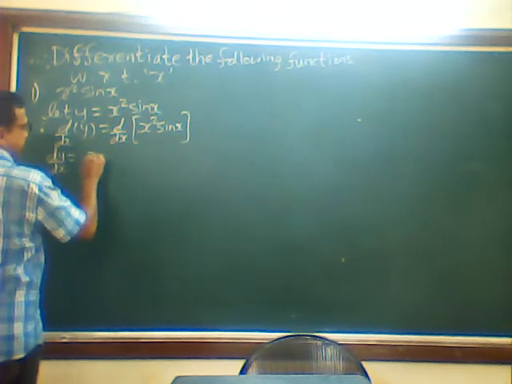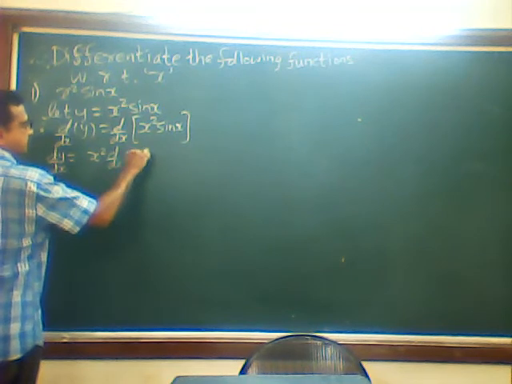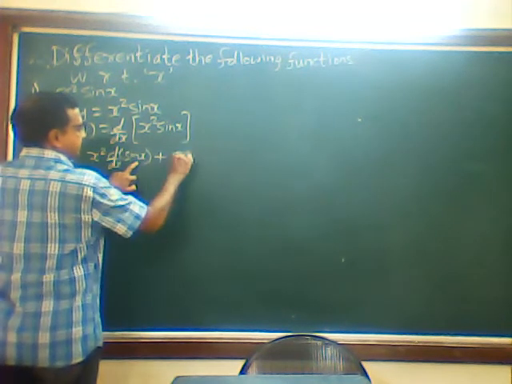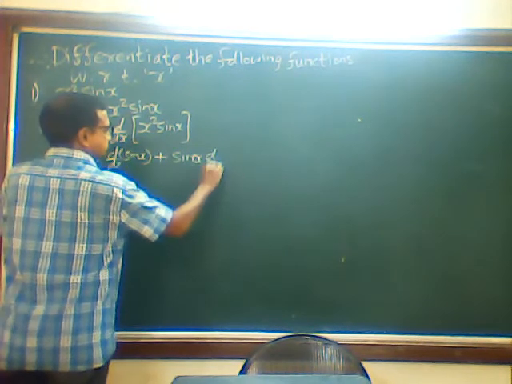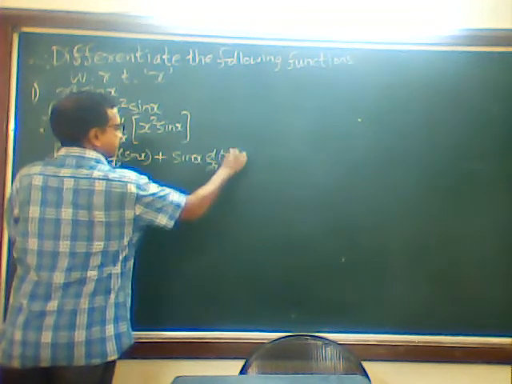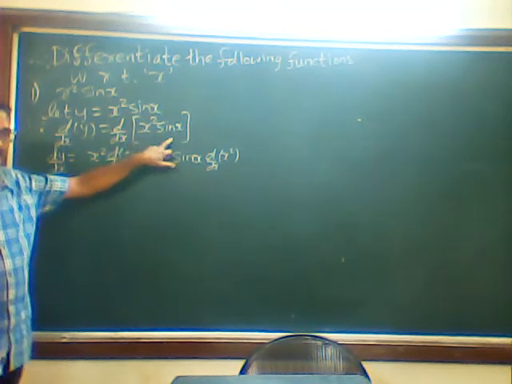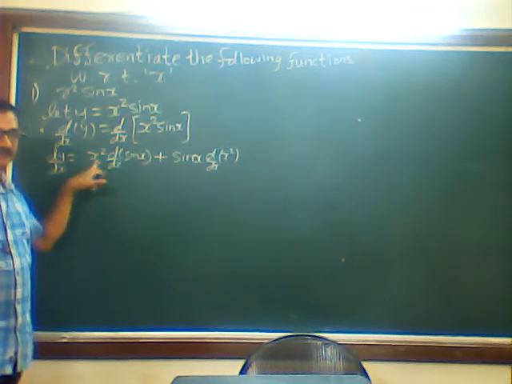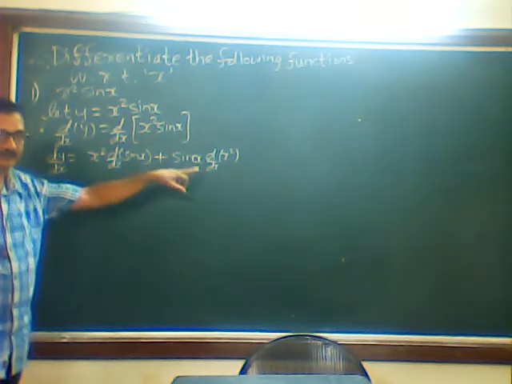Now here, product method, UV, or you can say first term, second term: first term as it is, differentiation of second term, plus second term as it is, differentiation of first term.